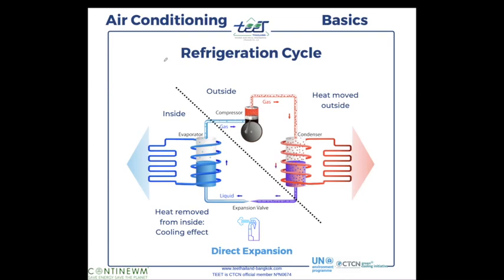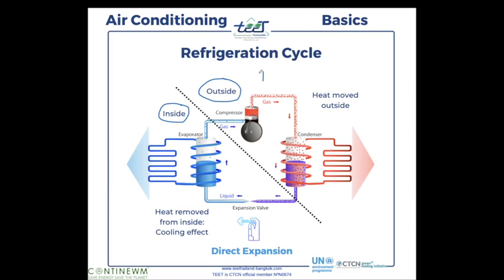Okay, so here, this is the refrigeration cycle. We have two parts on this drawing. One is inside of the building, one is outside of the building. Let's say we are talking about air conditioning.